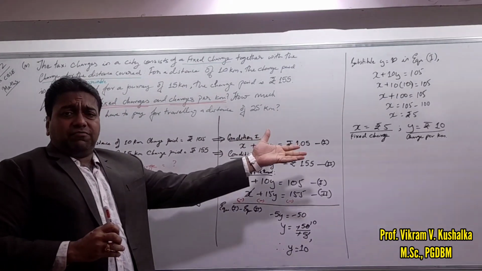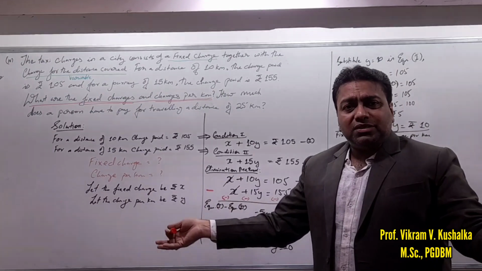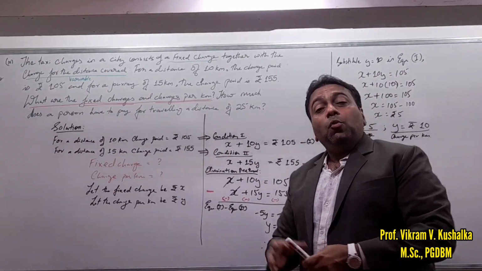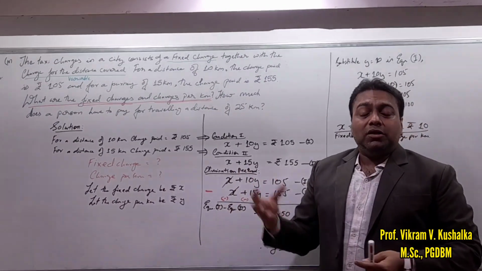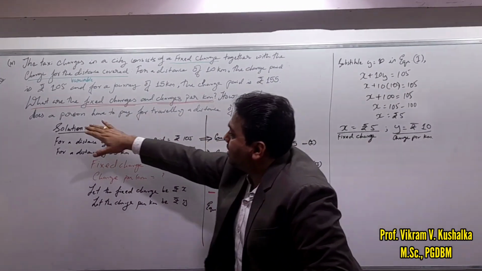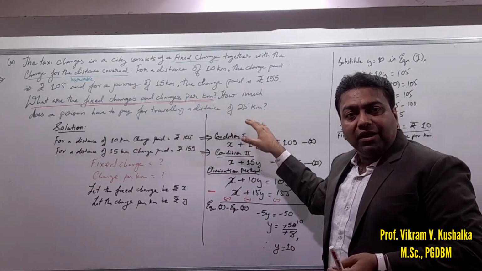Now once you have the fixed charge and you know the charge per kilometer, it's pretty obvious and very simple to find out, whatever distance you're covering, what would be the meter bill on the cab or the auto, right? So the next question is, how much does a person have to pay for traveling a distance of 25 kilometers?